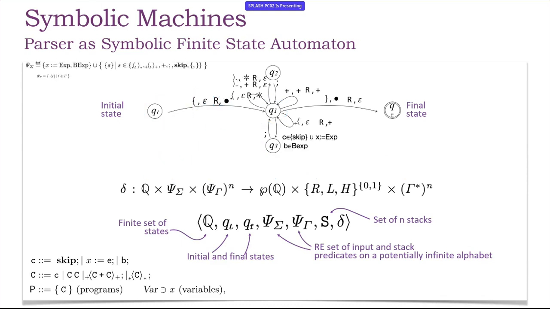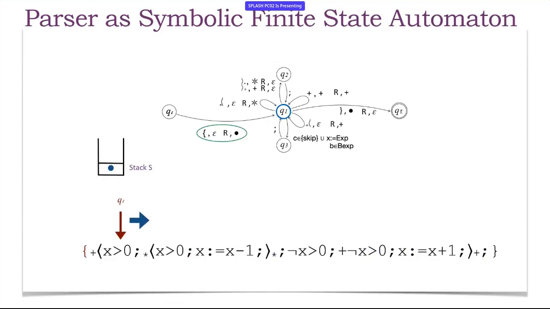So, for instance, this is precisely the model of the parser for our language. Let's see on an example how it works. The visualization is not precise. Anyway, we read one symbol at a time, and we apply the transitions.